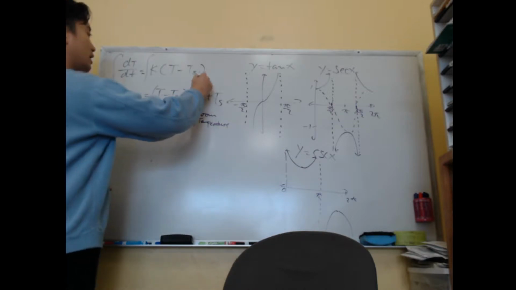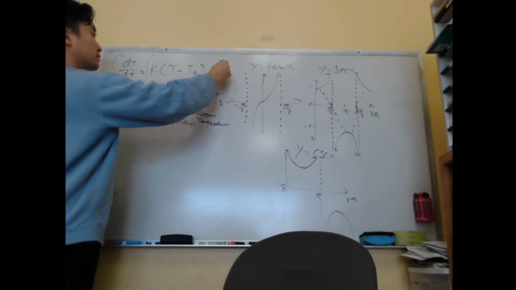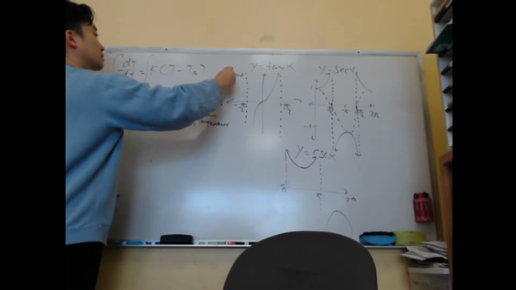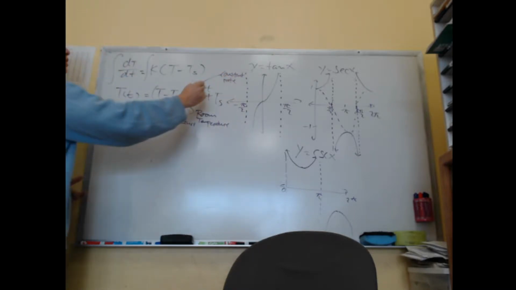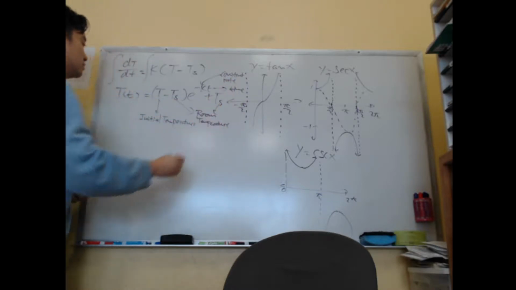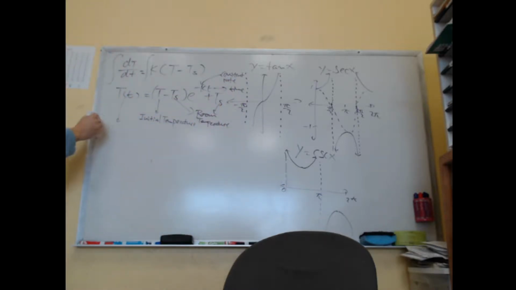And then negative k, that's just like a constant rate. And then t, the time, obviously. Again, Ts, the room temperature. And then T of t, that means the final temperature. Okay? Makes sense?